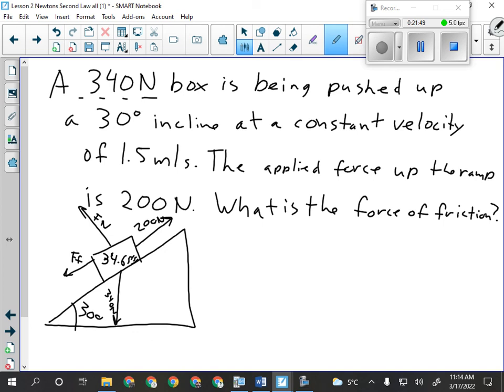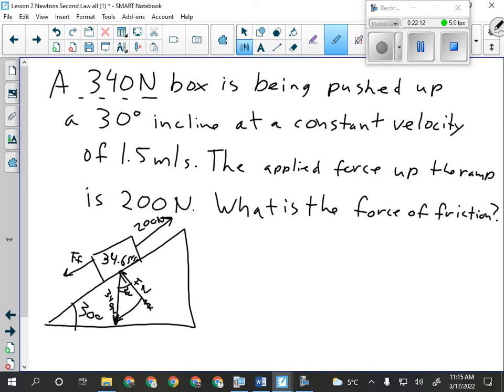What's the special force when I put them tail to head that they add up to? F parallel. When I do the vector sum of these forces, that line that connects those two always ends up making that resultant force that's parallel to the plane.